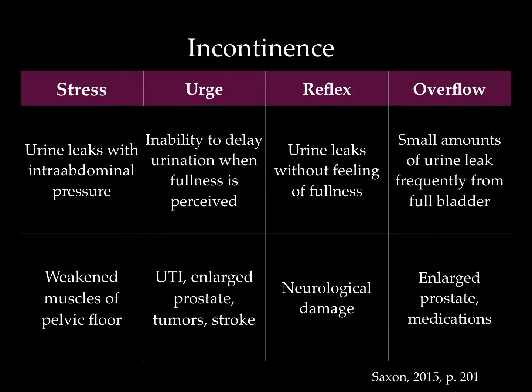So the patient doesn't feel the urge sensation, and urine leaks out. Then there's overflow incontinence, and that's what we talked about with our BPH. The prostate is going to close up around the urethra and cause only small amounts of urine to leak frequently from a full bladder.